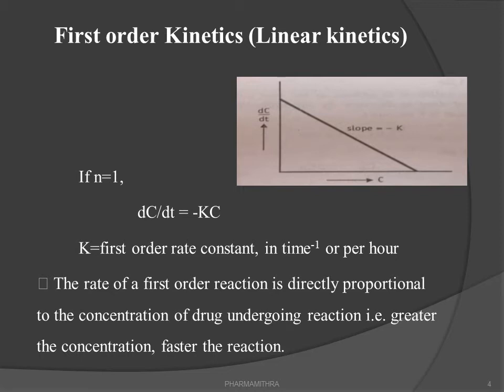Here the rate of the first order reaction is directly proportional to the concentration of the drug undergoing the reaction. That is, the greater the concentration, the faster the reaction. This is what we want to know. If more concentration is there, the reaction carried out becomes faster.